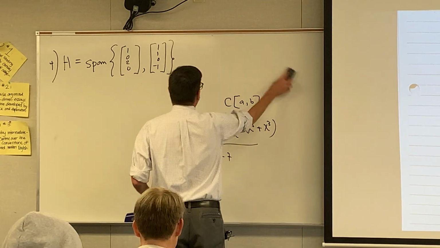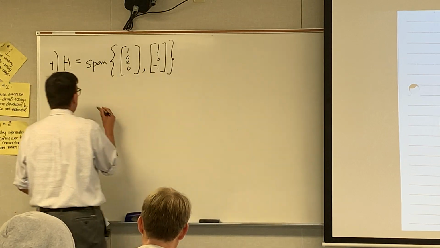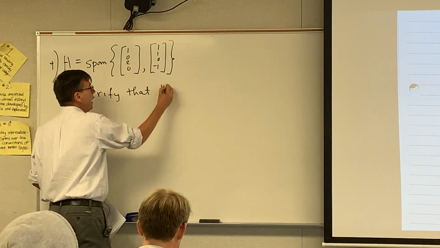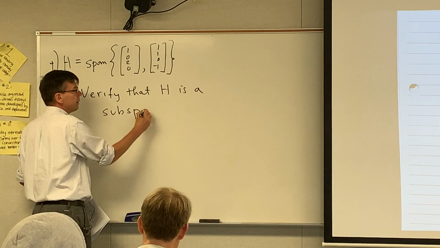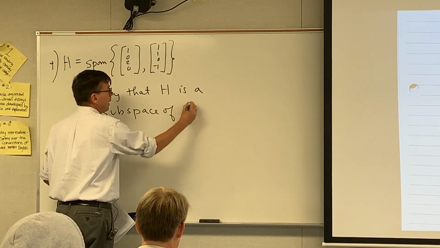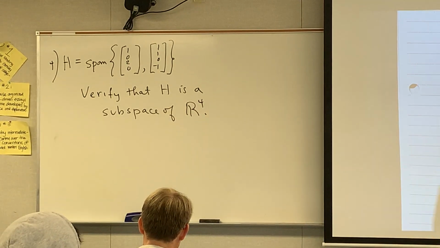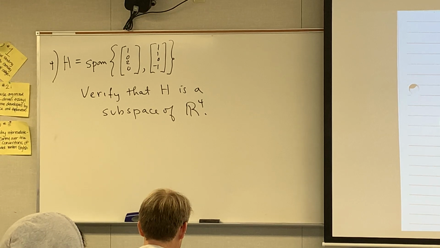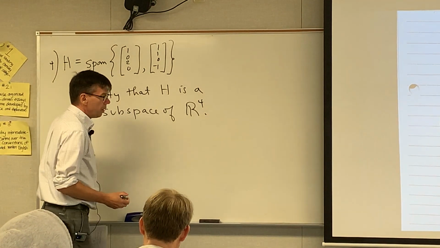I want you to verify that H is a subspace of R4. Right? That's the point of this exercise down at the bottom, where H is the span of those 2 4-component vectors.